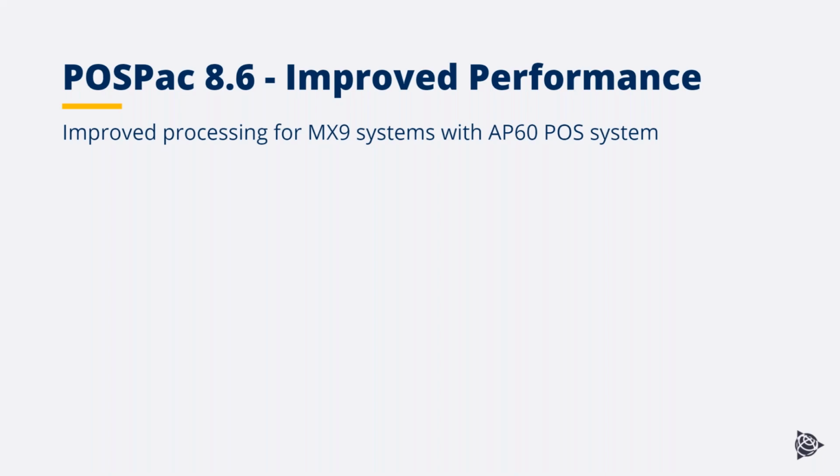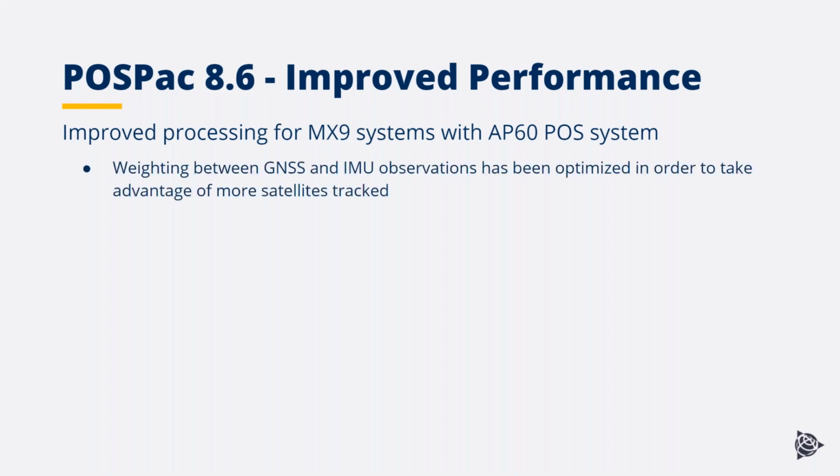So with MX9, we have two options. We have AP40 and AP60. So this is more for those who have AP60 system. What has changed in the background is the weighting between GNSS and IMU observations. This weighting has now been optimized in order to take advantage of more and more satellites we can now track.